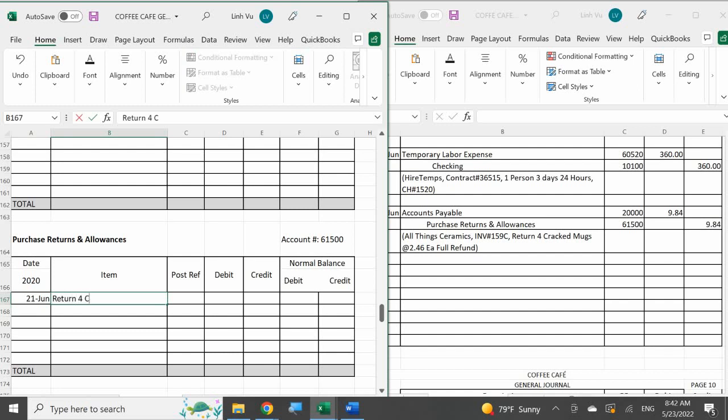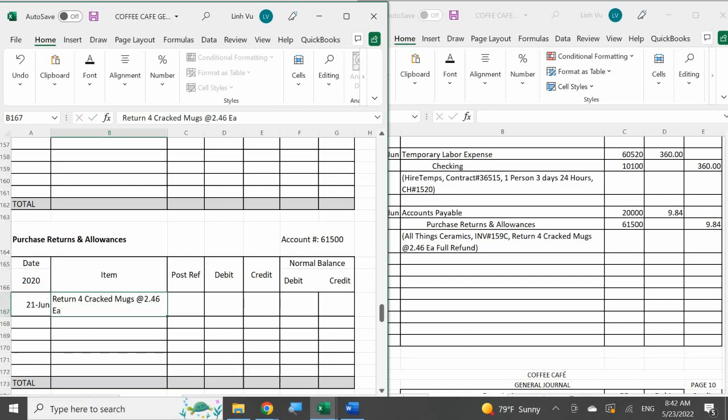Return for cracked mugs at $2.46 each. Okay. For $9.84. Oh, not debit, but credit.